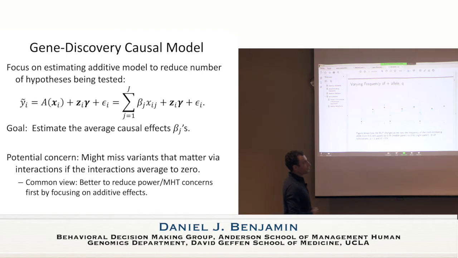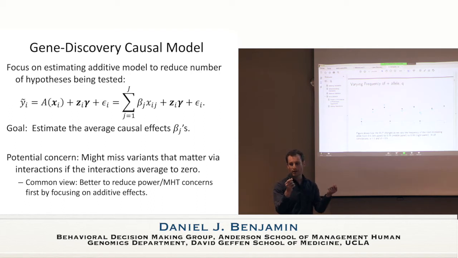The same kind of argument can be made with epistatic effects. It's more complicated, but it's the same basic idea: if you have 2 different SNPs and the trait increasing allele for both of those SNPs is at high frequency, then ignoring the interaction is going to be fine.